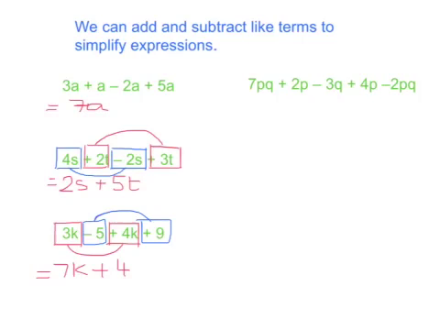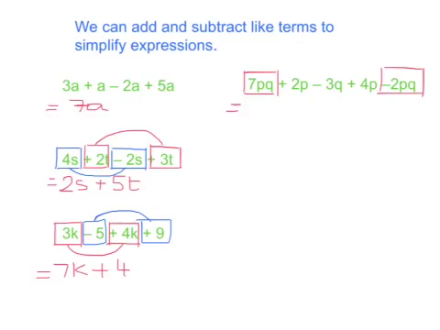And having a look at our previous example, 2s and 5t, two different types of terms, they're not like terms, so I can't go any further. Let's just have a look at this last one. I've got some different types of terms here too. I've got some PQs, so I'm going to put a red around the PQs and see how I'm grabbing the sign that goes before the term.